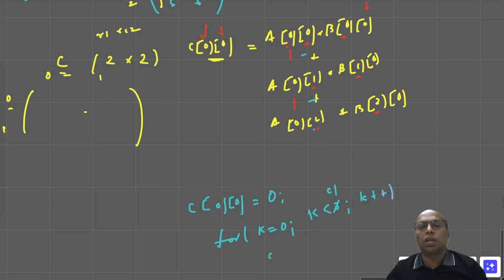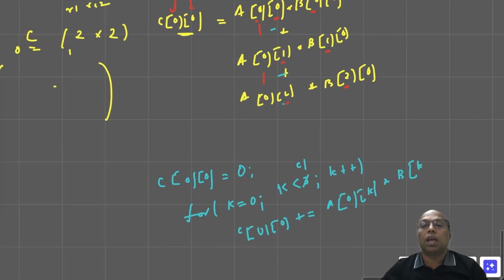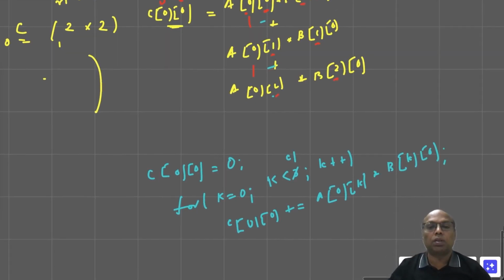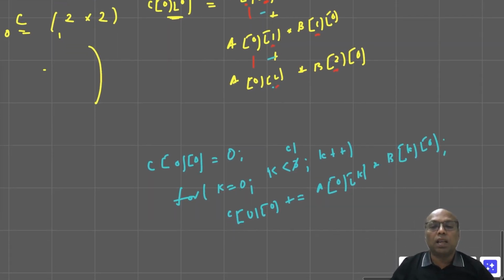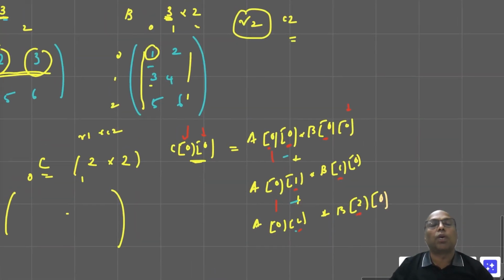What I did was, in C of 0, 0, I was successively multiplying and storing A of 0, k with B of k, 0. Right? This is what we spoke. When k is 0, A of 0, 0 into B of 0, 0: 1 into 1 is 1.